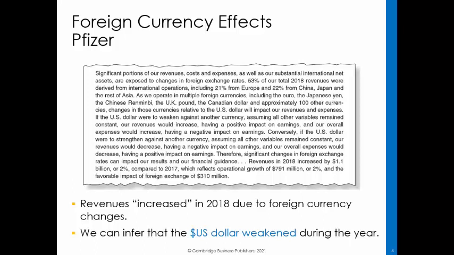This slide includes the footnote disclosure from Pfizer explaining Pfizer's foreign currency exposure. We assume that a weakening U.S. dollar increased revenue, cost of goods sold, and other operating expenses. Because Pfizer is profitable, the foreign currency fluctuations had the net effect of increasing Pfizer's net income for 2018.